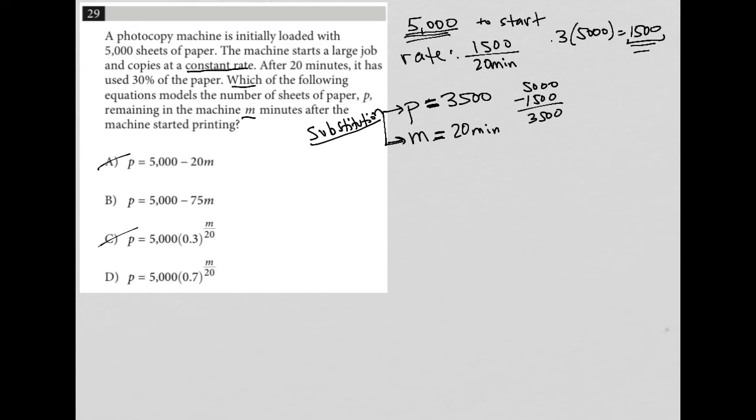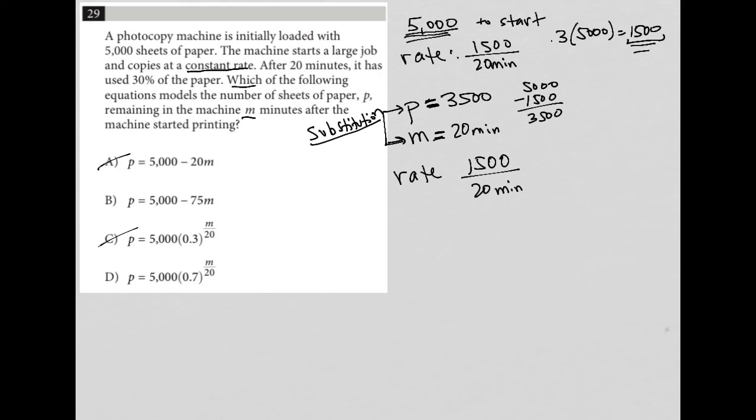So what do you do when you get two good answers on the math section? We just plug other numbers in. So what other numbers could we use? Well, don't forget, our rate is 1,500 for 20 minutes, and that's used, right?